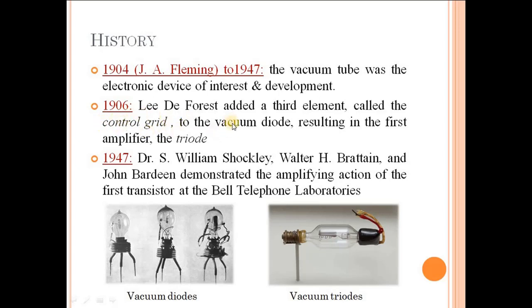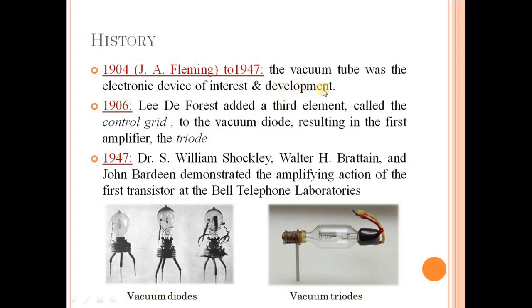This vacuum tube was called the vacuum tube triode, and it could be used to make amplifier circuits because the current flow from anode to cathode could be controlled by an electrical parameter at the control grid, and this very functionality helped to design amplifiers.